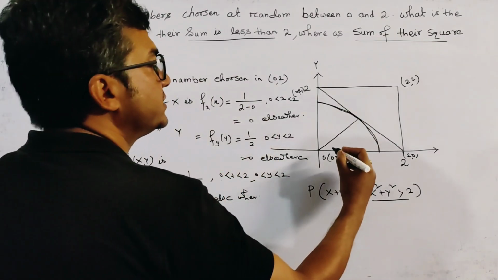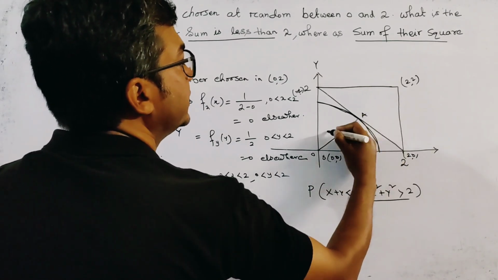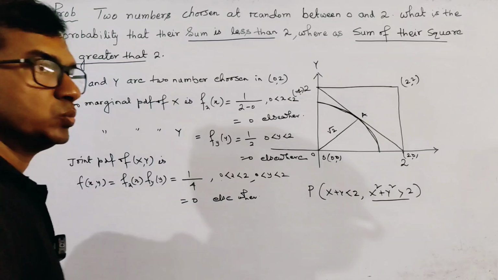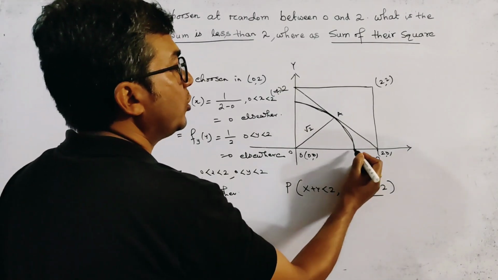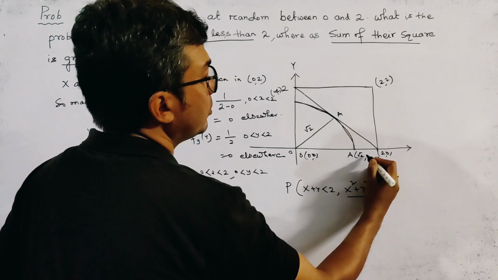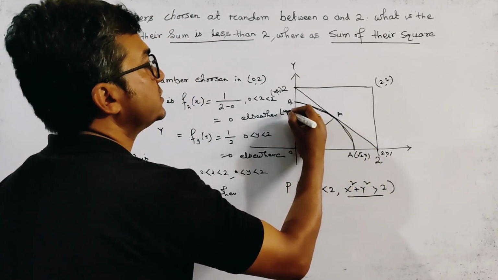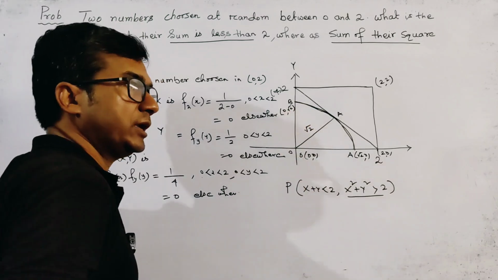This is the radius. Let this be O, this be A, the radius root 2. Clearly the coordinate of this point, let it be A, is (root 2, 0), and the coordinate of this point, let it be B, is (0, root 2), right?